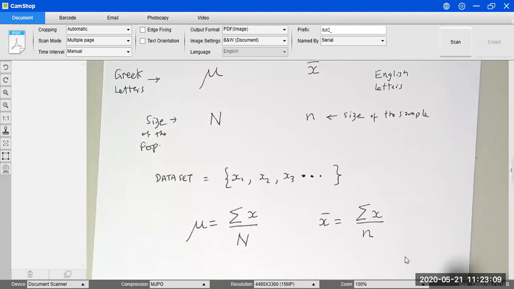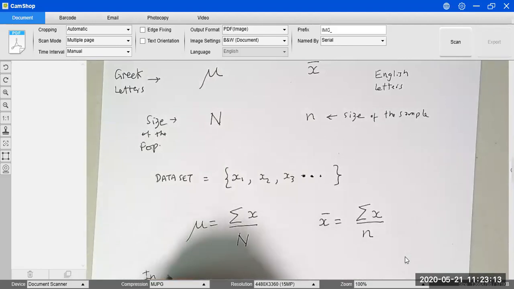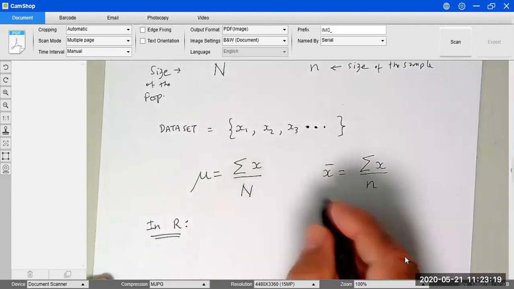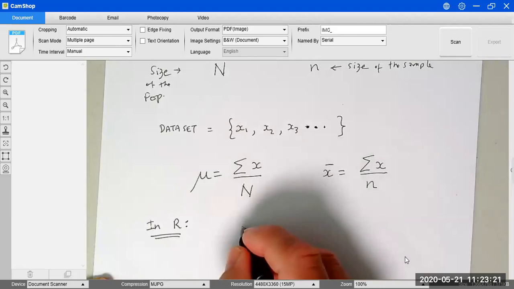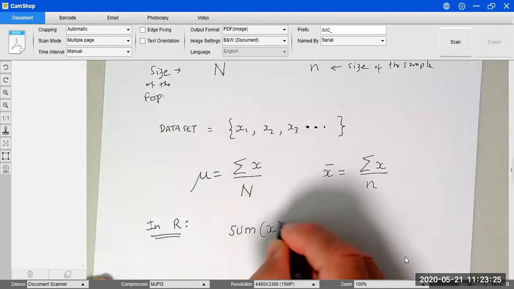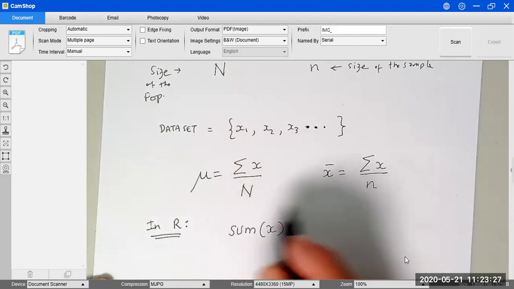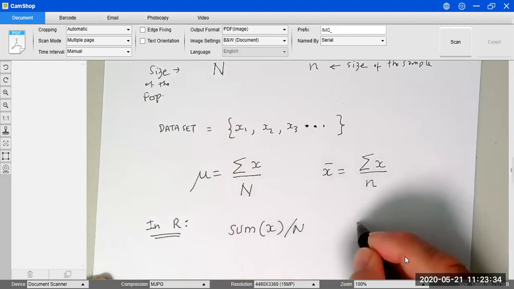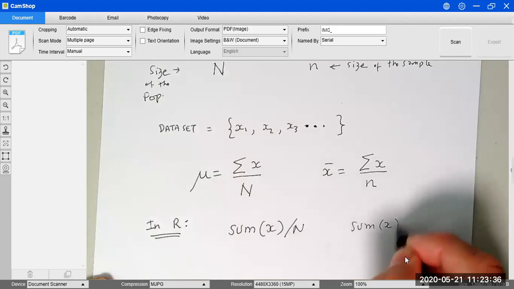So for the purpose of our computations, we're going to use R. So in R, you just need to use the command sum. For any case, you're just going to have the sum of x. So you need to indicate the values for x, and you're going to divide that by, in this case, capital N, or in this case, by lowercase n.